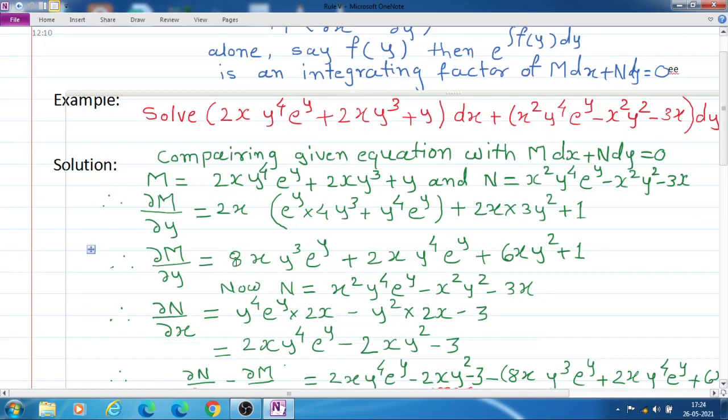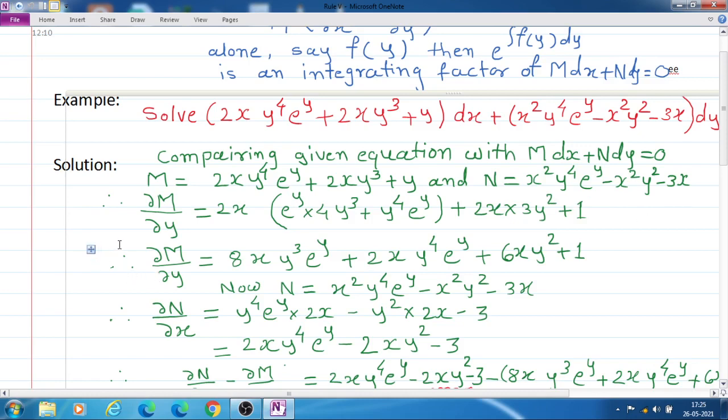Always we have to find out M and N by comparing the given equation with M dx plus N dy. So comparing, we get M is equal to 2x y^4 e^y + 2x y^3 + y, and N is equal to x^2 y^4 e^y - x^2 y^2 - 3x.